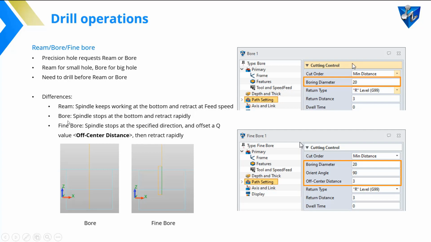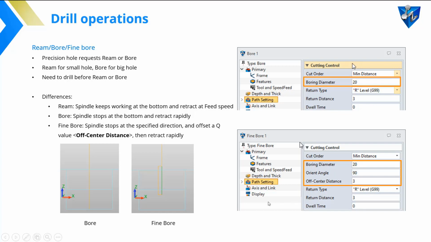And what's the difference between the bore and the fine bore? Actually, as you can see from these two images, bore is a line to pass, but for the fine bore, when we drill to the bottom surface, we will offset a distance and retract rapidly. Okay, the setting can be set here in the path setting, the orient angle and off-center distance.